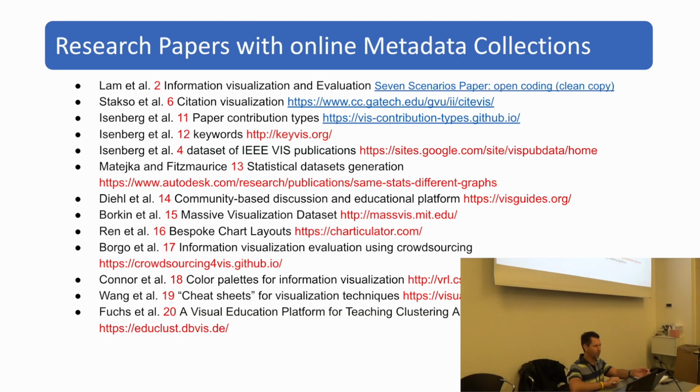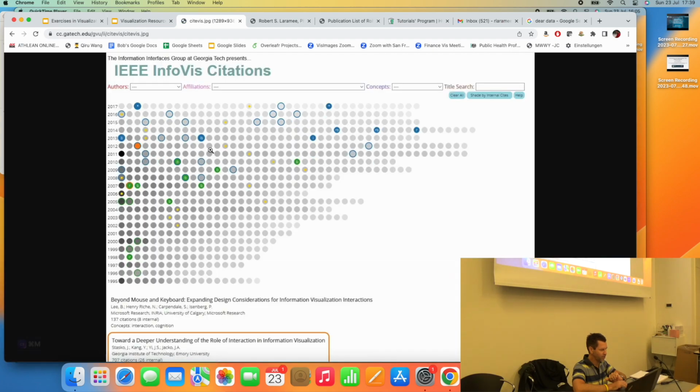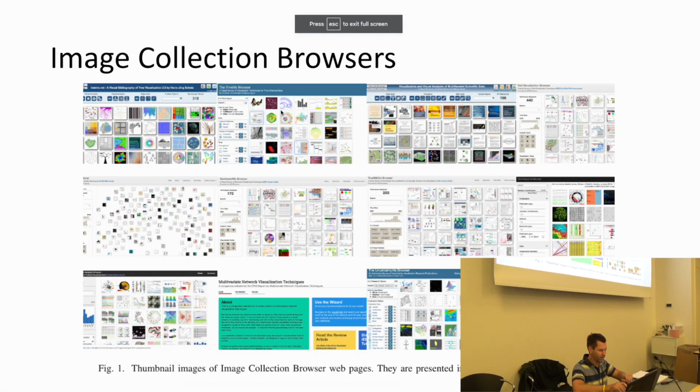I'll just click on one as an example, like the citation visualization. This is a visual representation of citations, like which papers have cited other papers. That's one of the resources available, and that's inside the visualization community. So I won't go into that in detail.